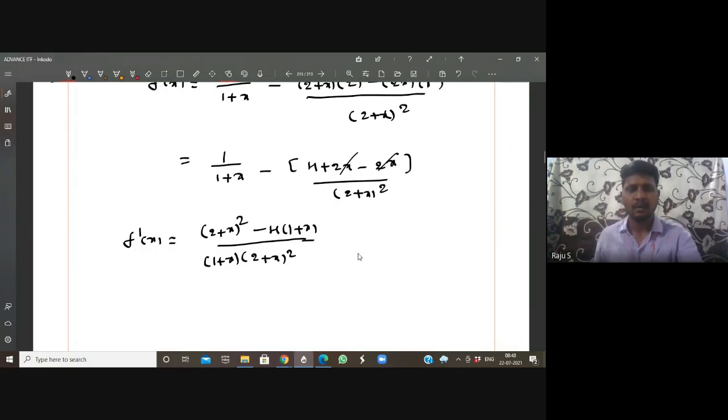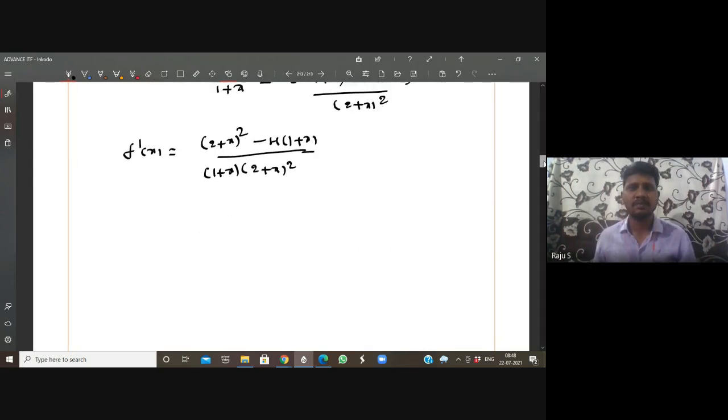Okay. Then what is the next procedure? After getting f dash of x, to find the critical values, we equate f dash of x to 0.